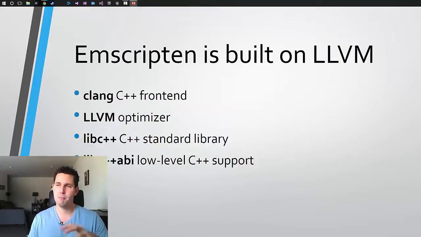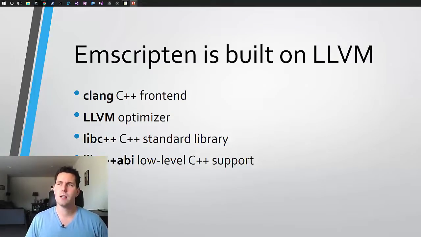So Emscripten is built on LLVM, and that's great for a number of reasons. The first is that we have the Clang C++ front end, we have the LLVM optimizer, and then we have a bunch of library support as well. So things like libc++, which is a C++ standard library.